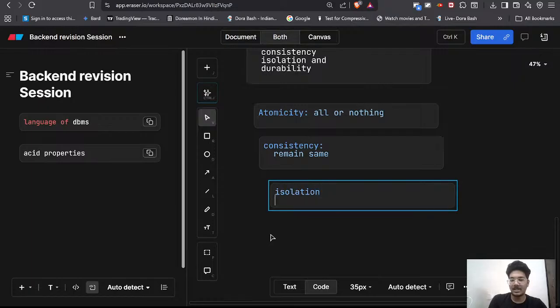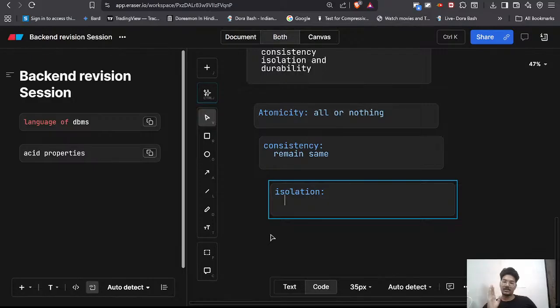Isolation means that no transaction can alter the data of another. When two transactions occur simultaneously, no data can alter the other data.